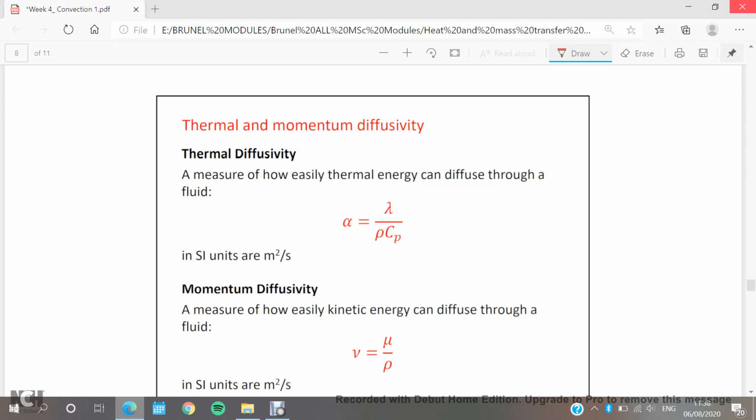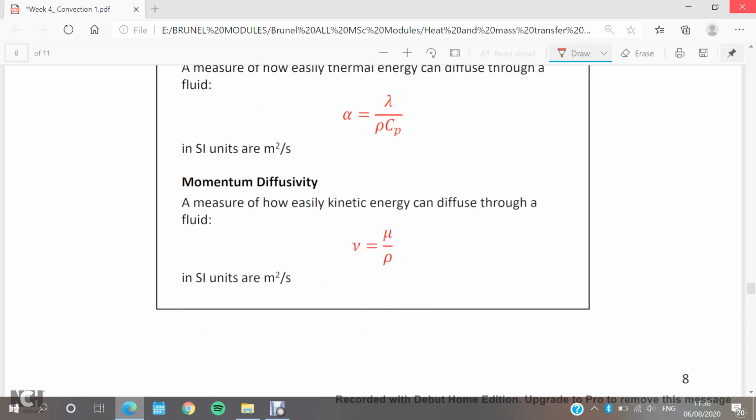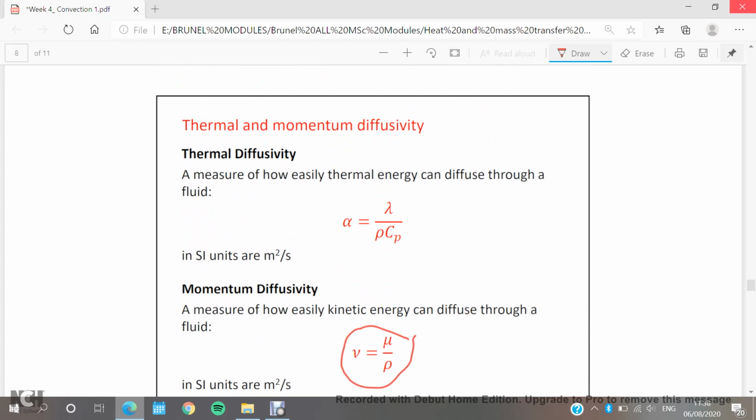So the thermal diffusivity we give the symbol alpha, and the momentum diffusivity we give nu. The momentum diffusivity equals the viscosity divided by the density, and the thermal diffusivity is equal to the thermal conductivity divided by the density times Cp, where Cp is the specific heat at constant pressure, and we can take this value from our tables.